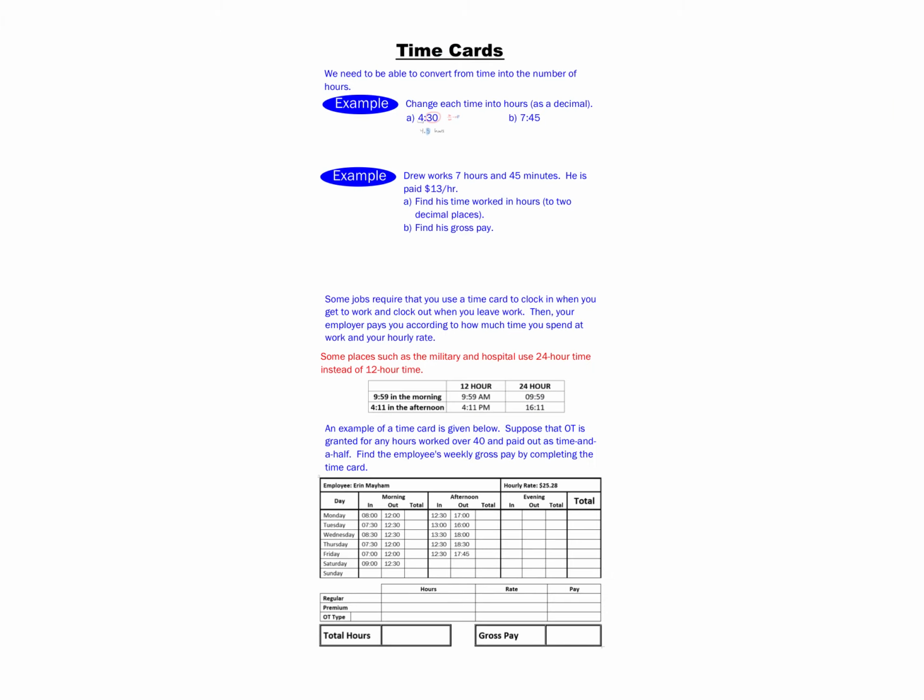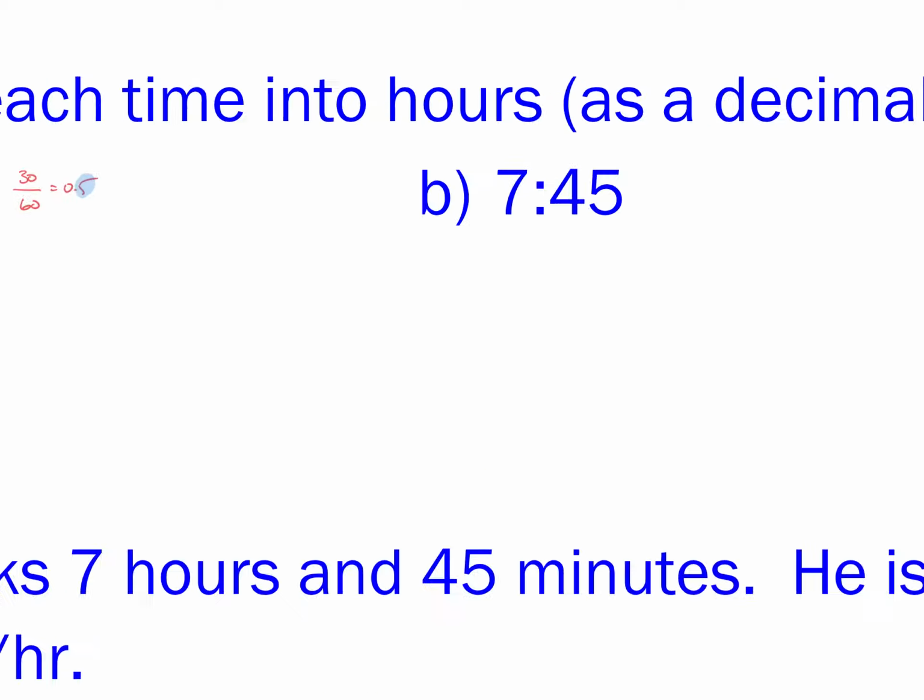Okay. Now, if you work 7 hours and 45 minutes, what would that be as a decimal? 7.75 hours. That's how many hours it would be.